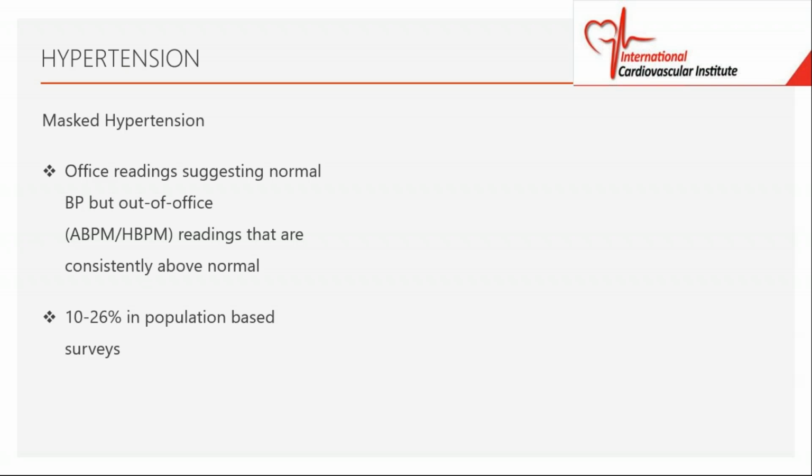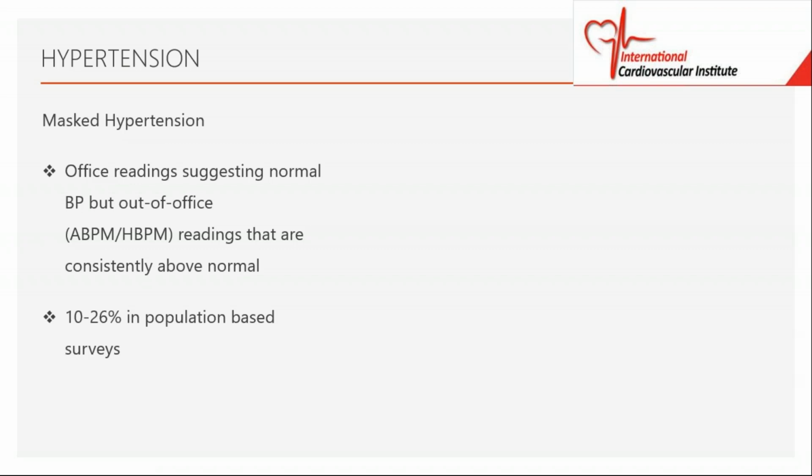These patients are having significant hypertensive situations outside of the office, which cause target organ damage. So the definition of masked hypertension is normal pressures in the office, but these patients have target organ damage.